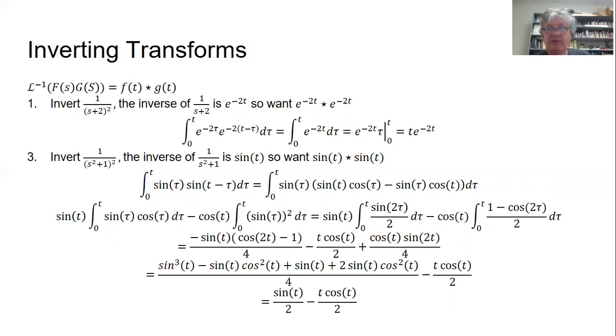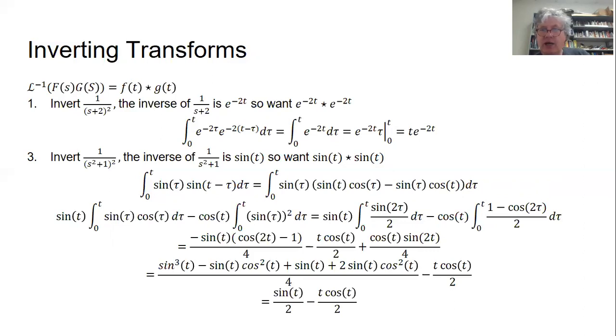Once it's in that form, it's quite straightforward to take the antiderivative, right? So for sine 2 tau on 2, its antiderivative is minus cosine of 2 tau divided by 4. Now you're evaluating that between 0 and t, and so you get cosine 2t minus 1, because cosine 0 is 1. So you get that there.